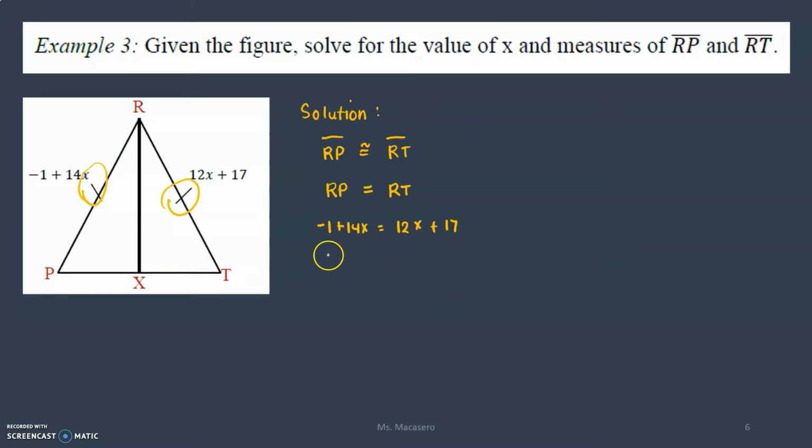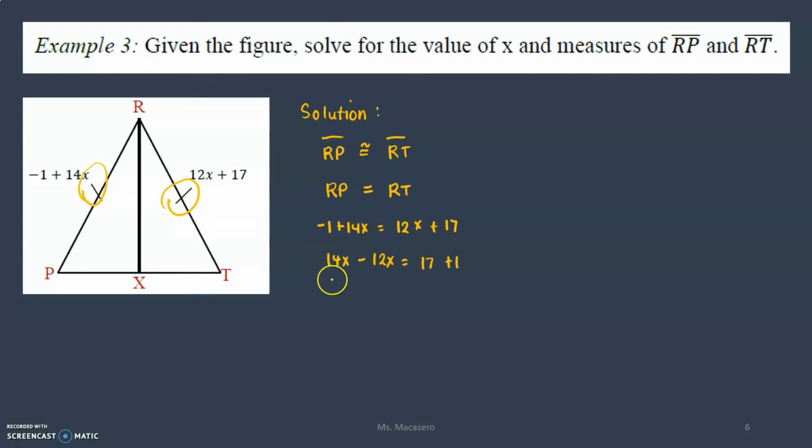So we have here 14x, transpose 12x to the other side. Positive 12x becomes negative 12x. So we have 14x minus 12x equal to 17. Transpose -1, it becomes positive 1.